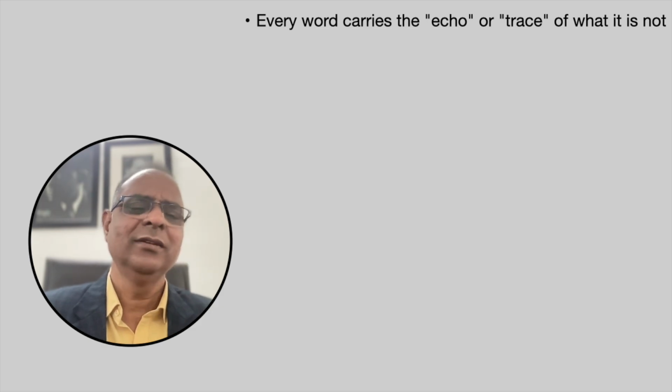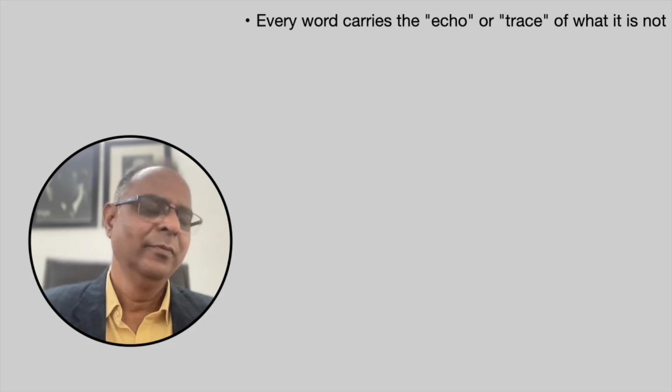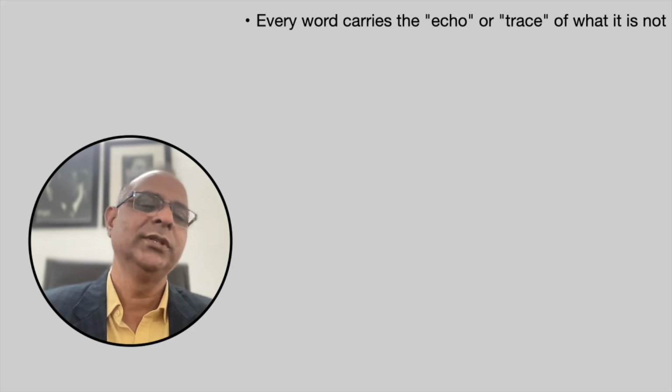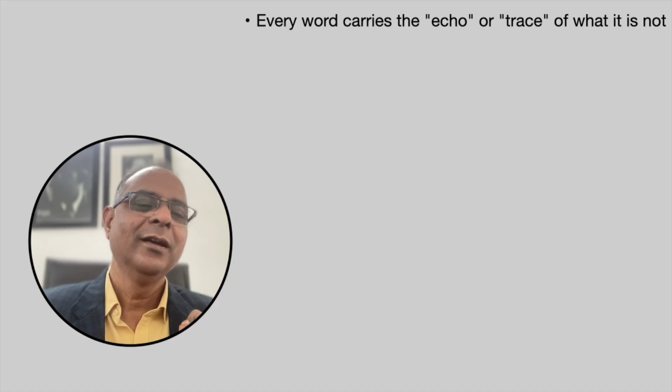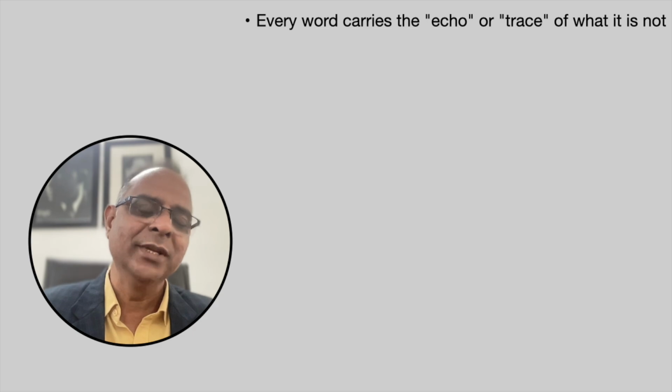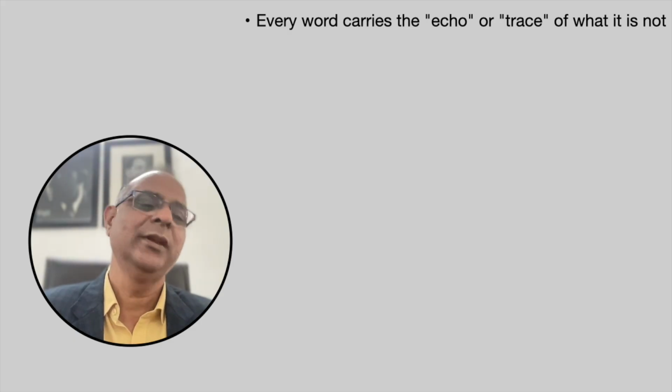In deconstruction, a word does not exist in isolation because we define things by their opposites. The word light only makes sense because it carries a hidden trace of the word dark. Even if you don't mention it, it is present in the word which has been mentioned, and that allows the current word to have meaning.